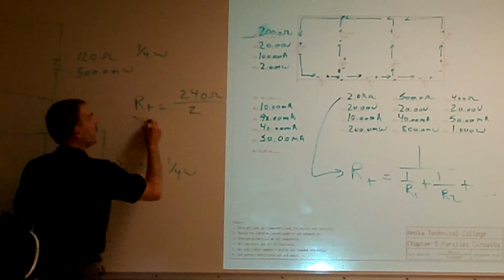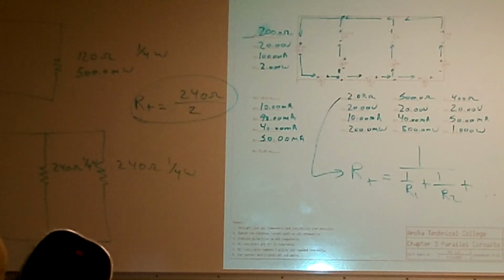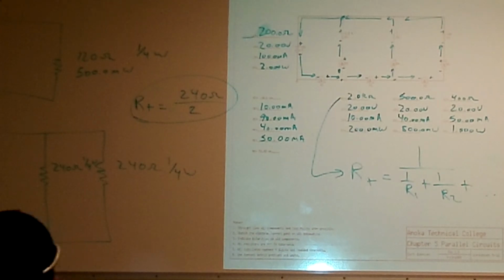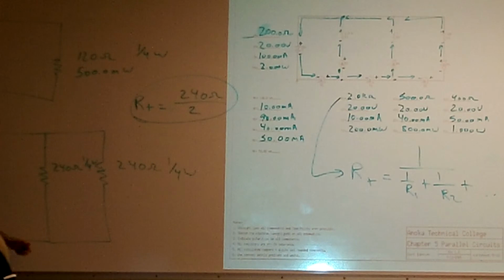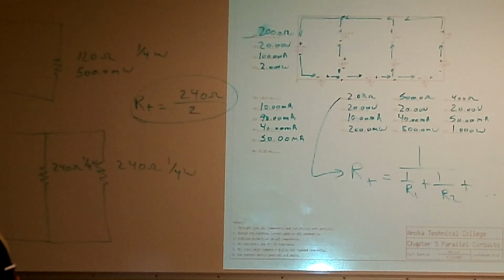We use this one a lot because when we're trying to divide up our current going through our resistors, we just divide by the number we need, go into our parts bin, and use our quarter-watt resistors, and we still get the same amount of power out of it. It can still handle our 500 milliwatts of power, but we're still loading that circuit down by 120 ohms.